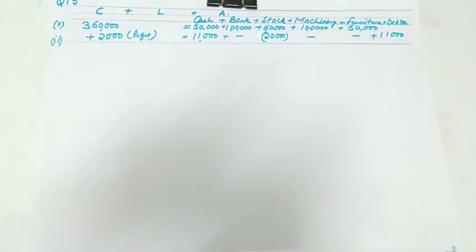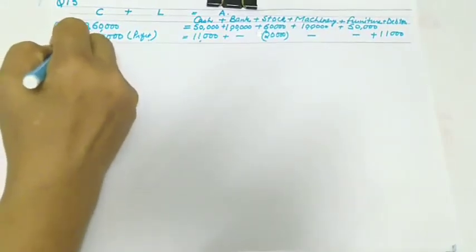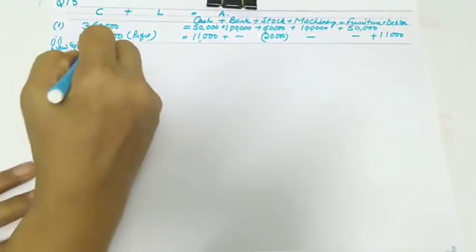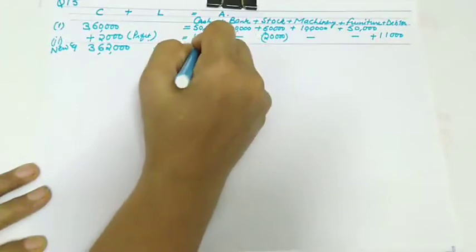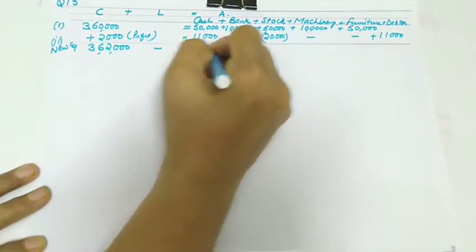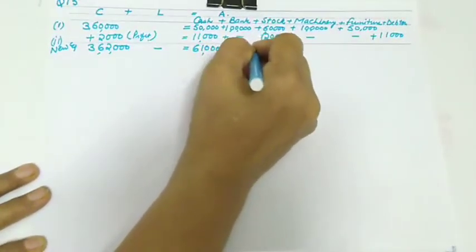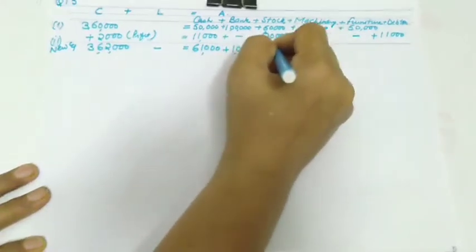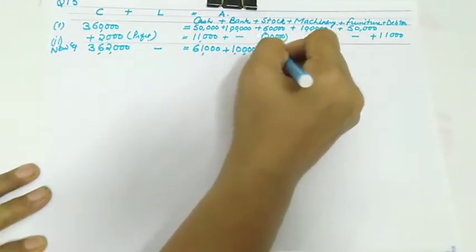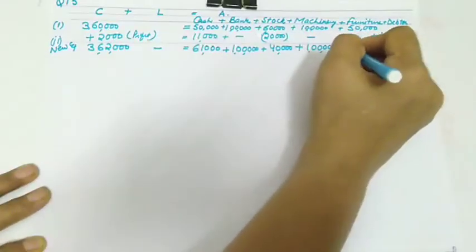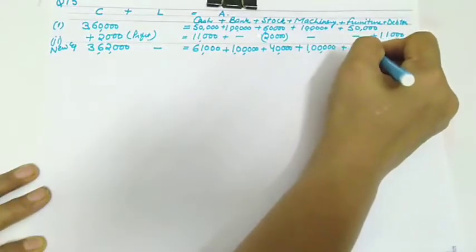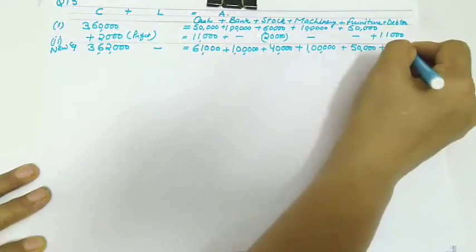So let us see the impact of this transaction. Your new equation will be 3,62,000. No liabilities, they are nil. 61,000 cash, 1 lakh bank balance, 40,000 stock, 1 lakh machinery, 50,000 furniture, and 11,000 debtors.